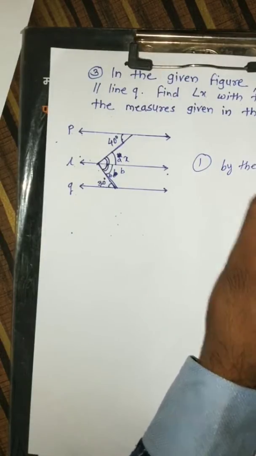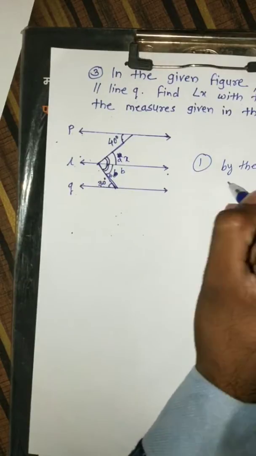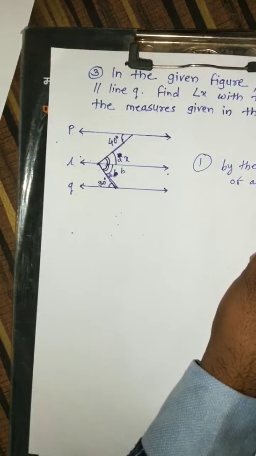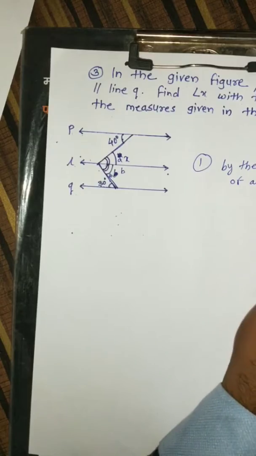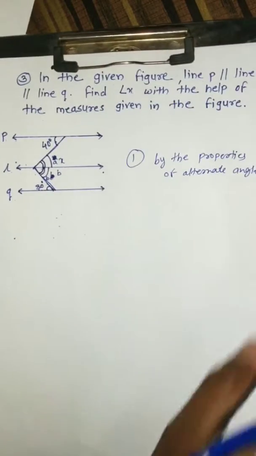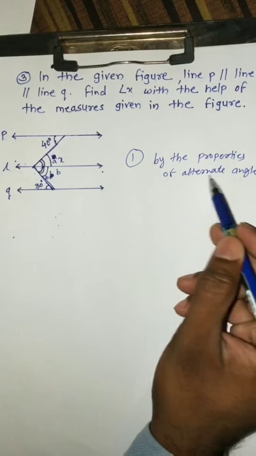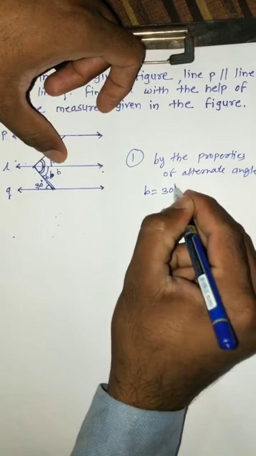By the property of alternate angles, B is equal to 30 degrees.